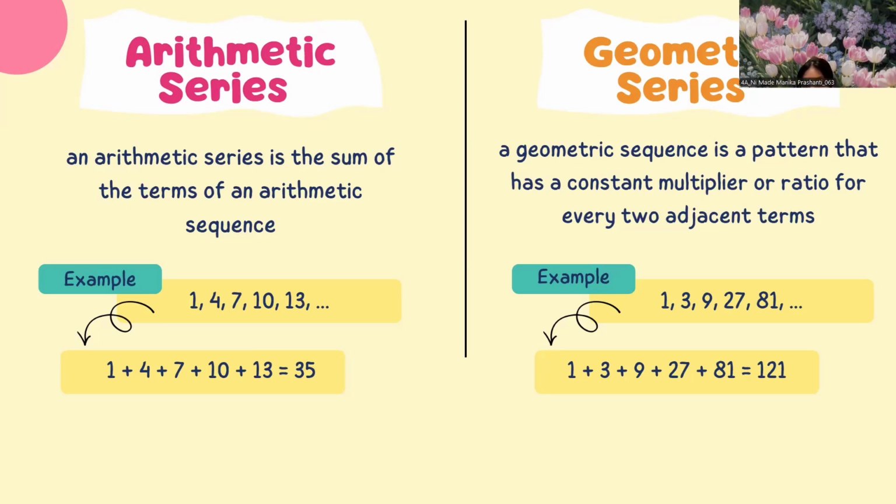And a geometric series is the sum of terms of a geometric sequence. For example, if you have a list of numbers where each number is multiplied by 3, the geometric series is the sum of those numbers, which totals 121.